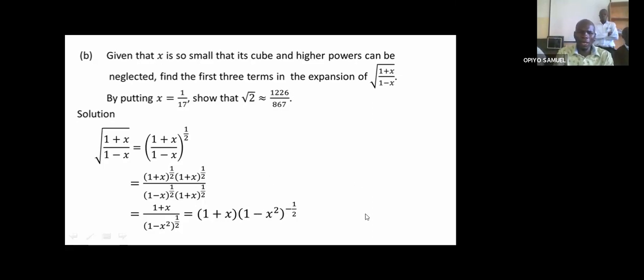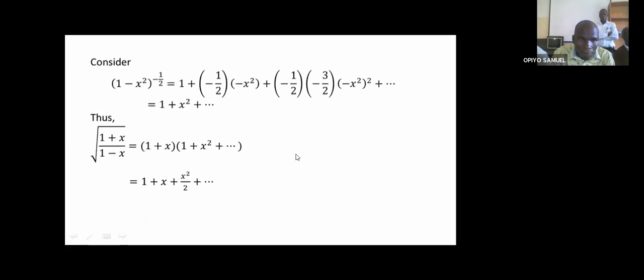And for binomial expansion, when we consider (1 minus x squared) to power negative half, recall that they have said the cube and higher powers can be neglected.